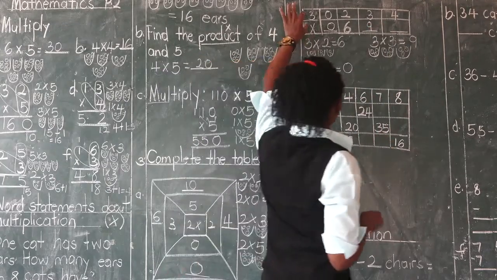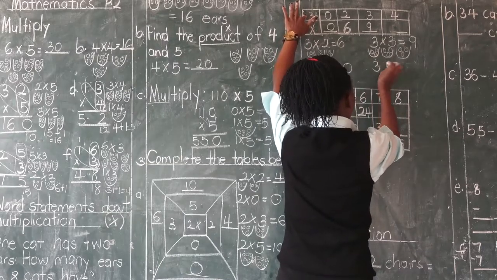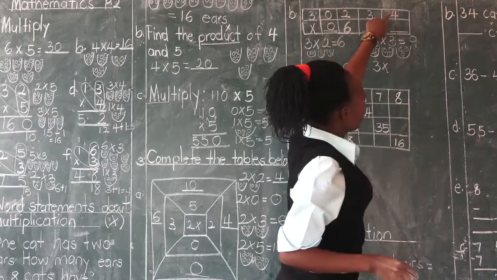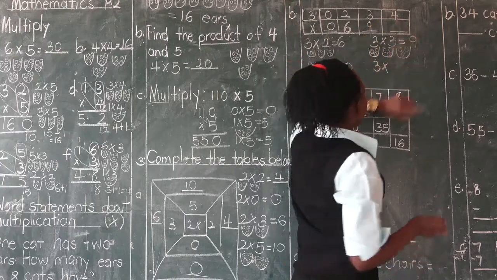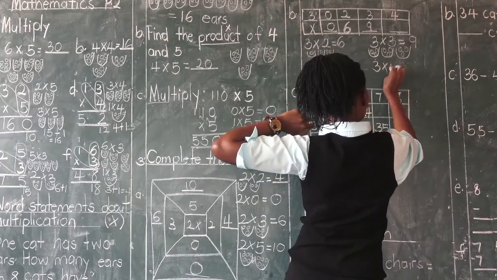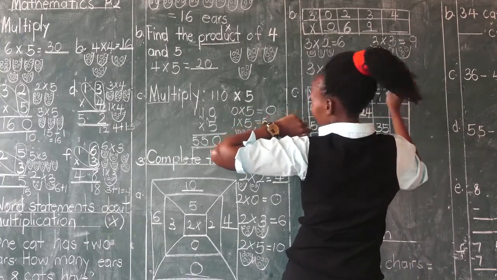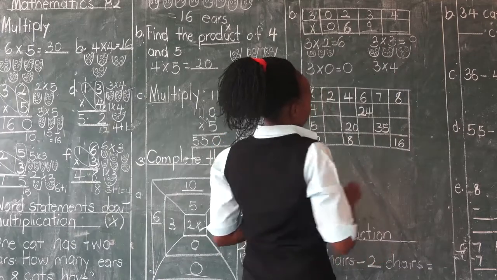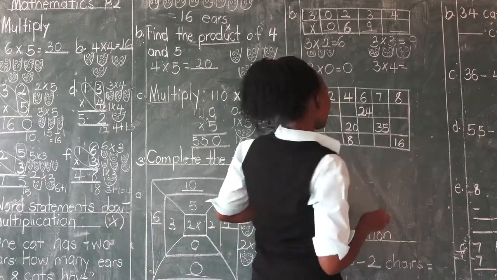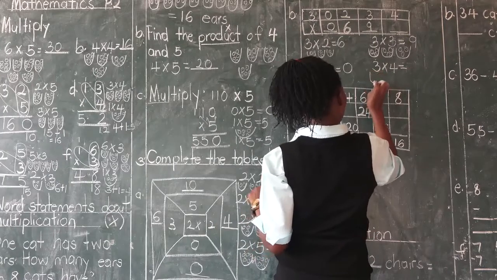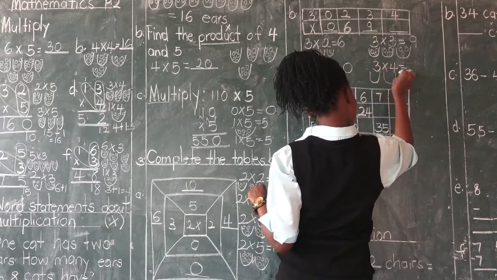Now let's look at the last one. We shall get 3 times this number here. 3 times 4. What are you going to get? Here we are going to form 3 groups of 4.